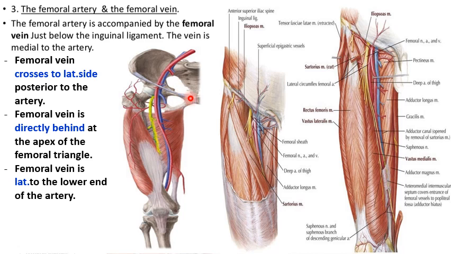So, here in the femoral triangle, the femoral vein is medial to the femoral artery, and in the adductor canal, the femoral vein is lateral to the femoral artery. And at the apex of the femoral triangle, the femoral vein is directly behind the femoral artery.